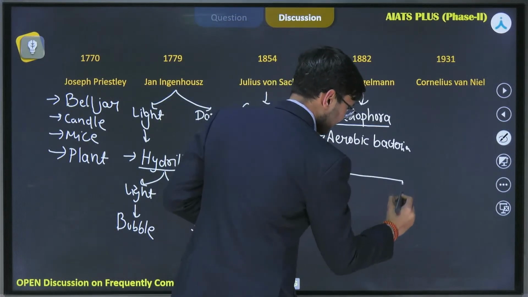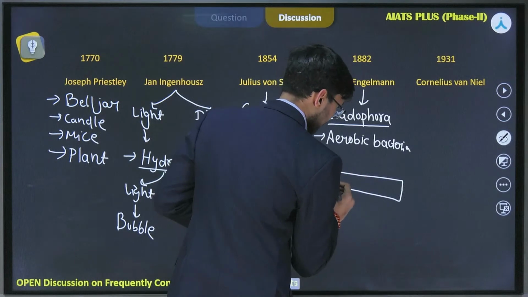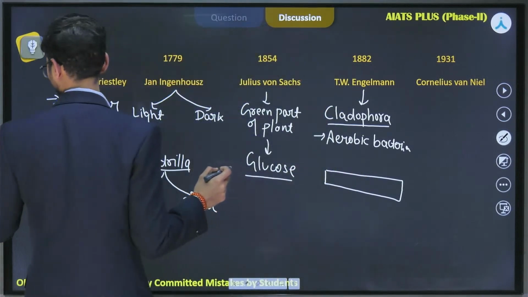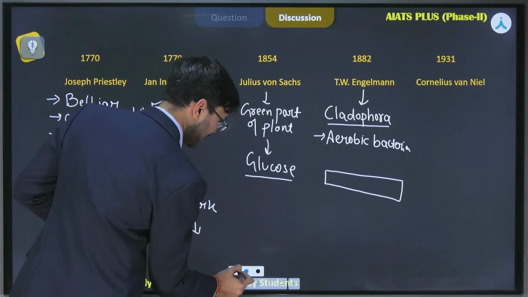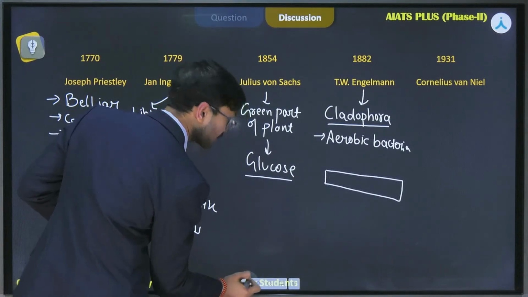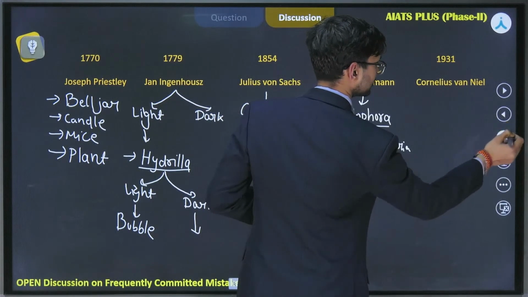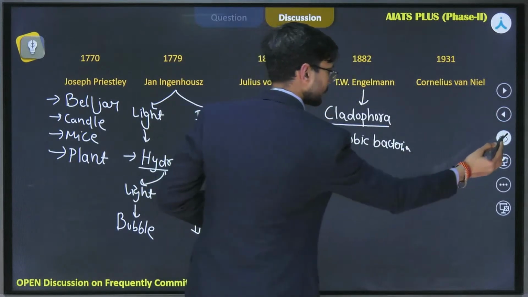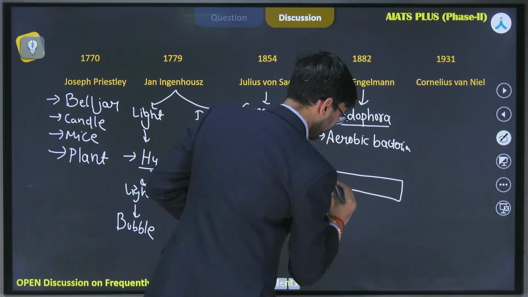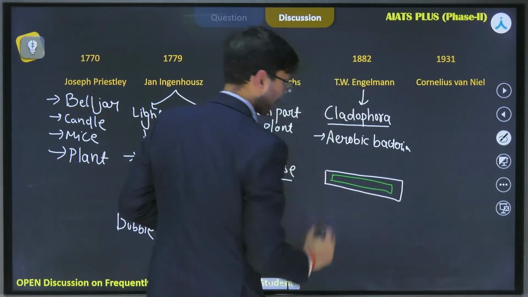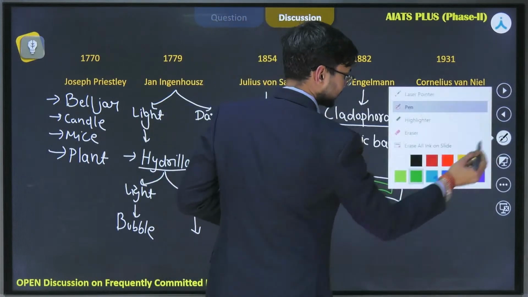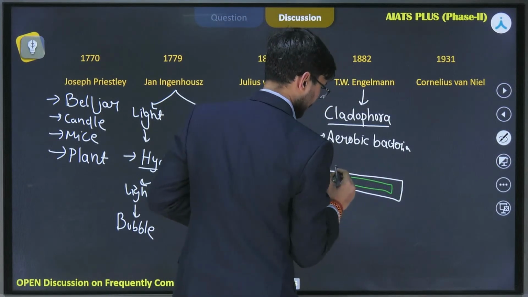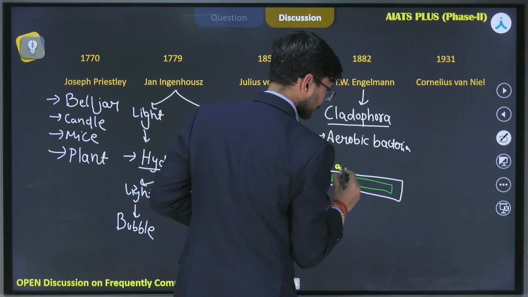In his Petri dish, the cladophora was present here, and in the suspension aerobic bacteria were grown.